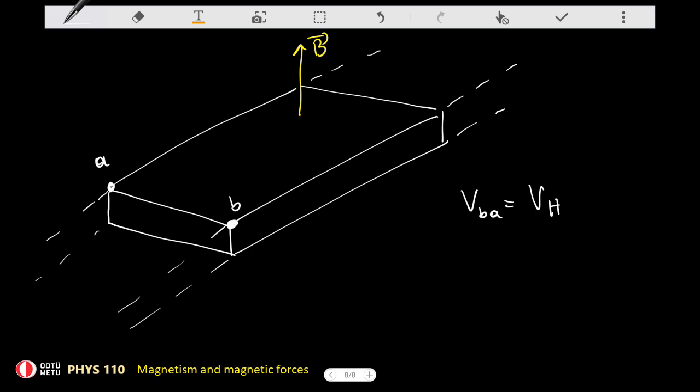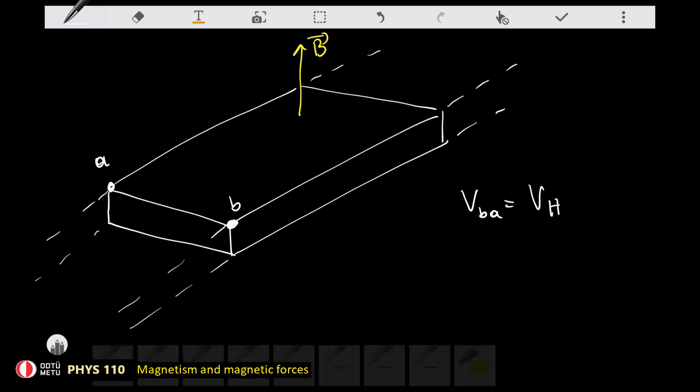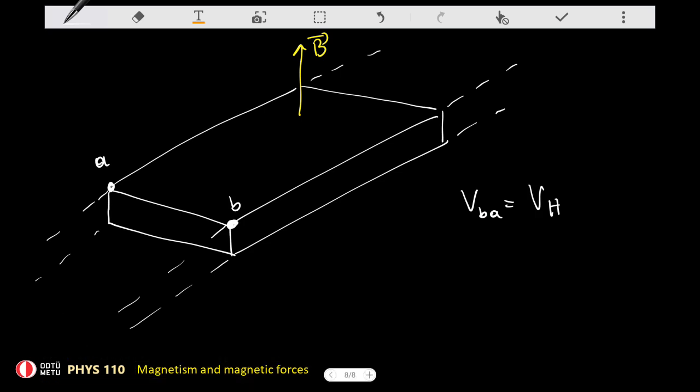We can first start with why there should also be a current in here. There's a current flowing. Therefore, the Hall potential difference, of course, depends on the current as well, not only on the magnetic field.